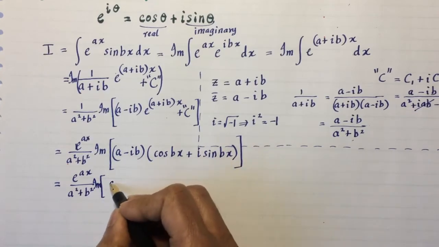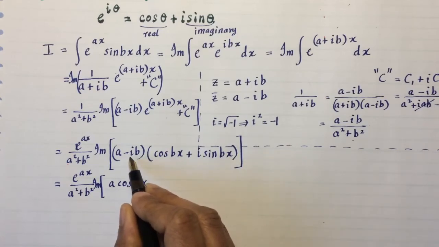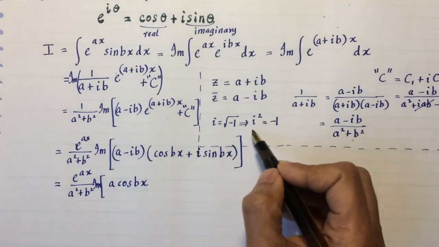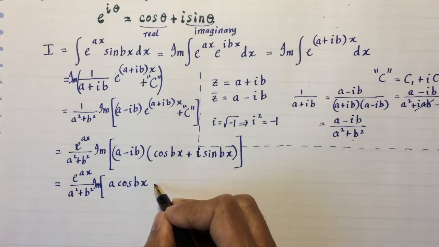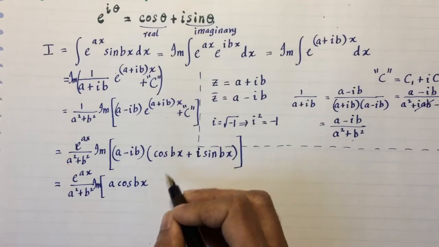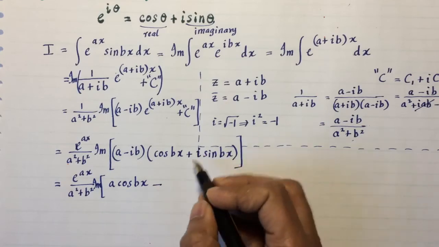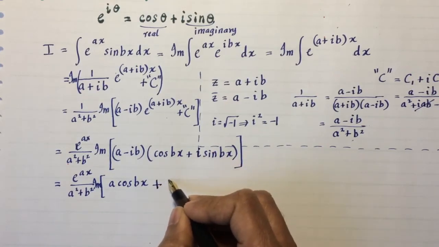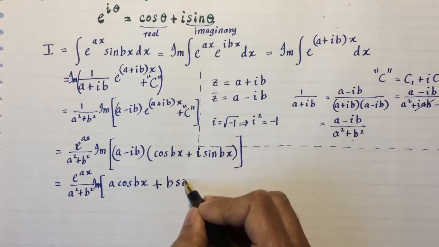So that's going to be a cosine bx. Now minus i and plus i will lead to plus 1 because minus i squared would be plus 1. So I'm going to get plus b times sine bx.